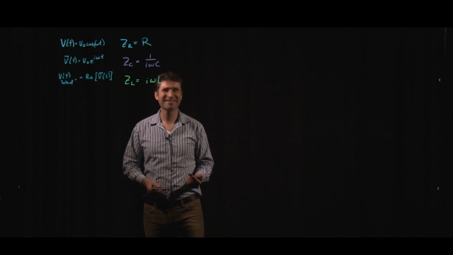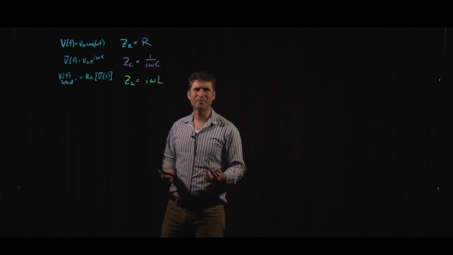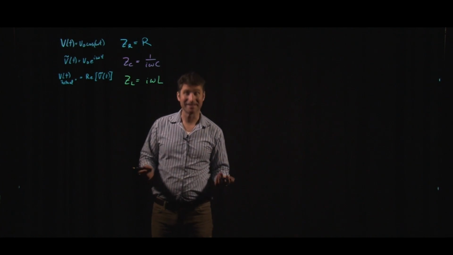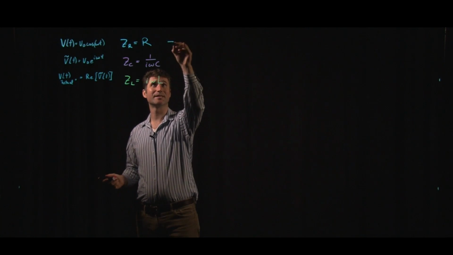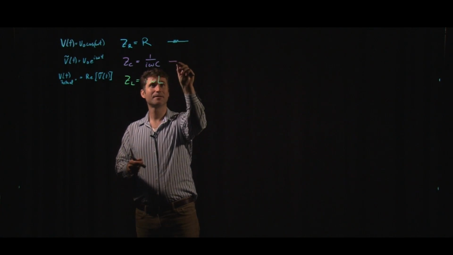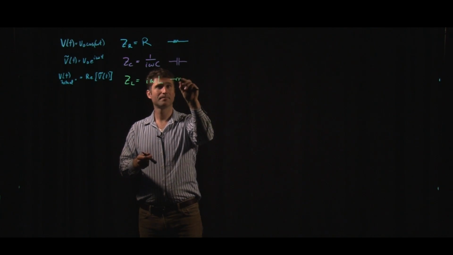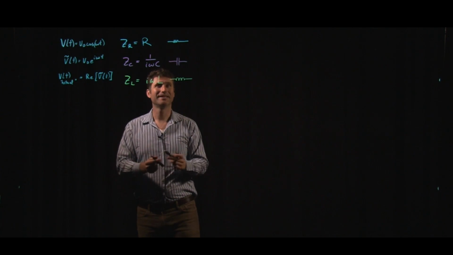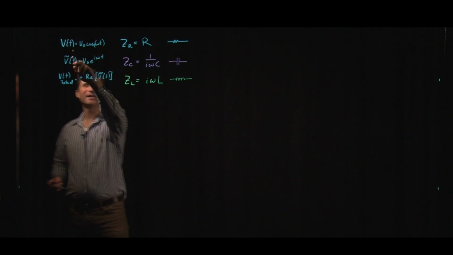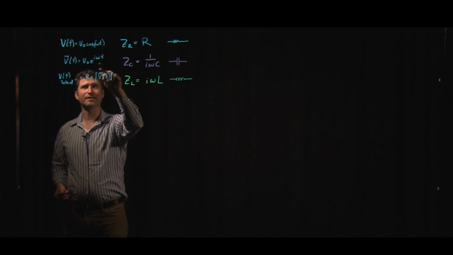Okay, so just to review what we just figured out, we found that we can write the impedances of different circuit elements, such as a resistor, a capacitor, and an inductor. If we think about each of these elements, we can have a driving voltage like V naught times the cosine of omega t.